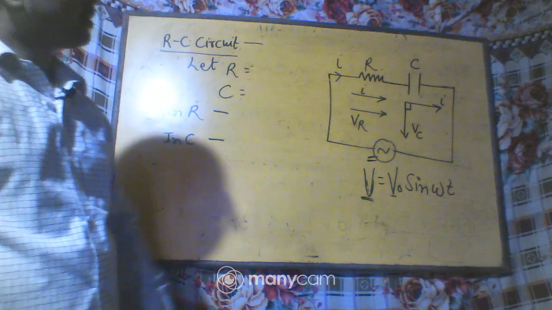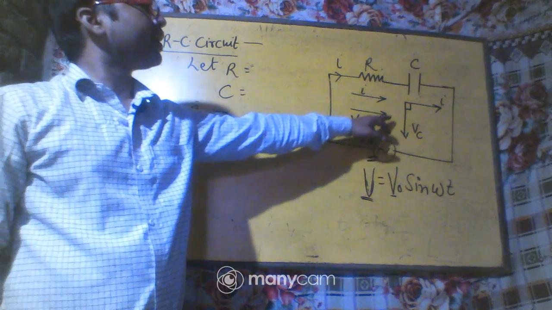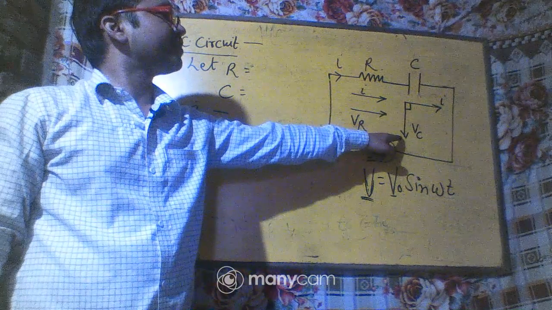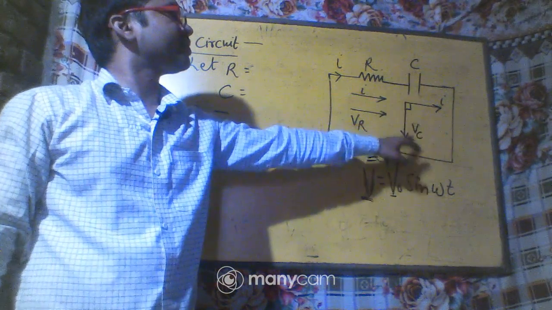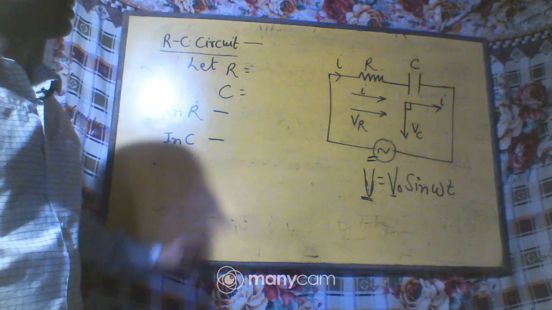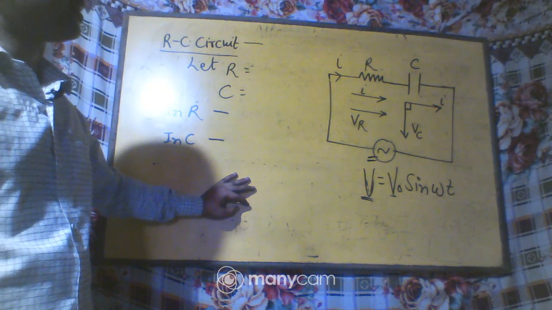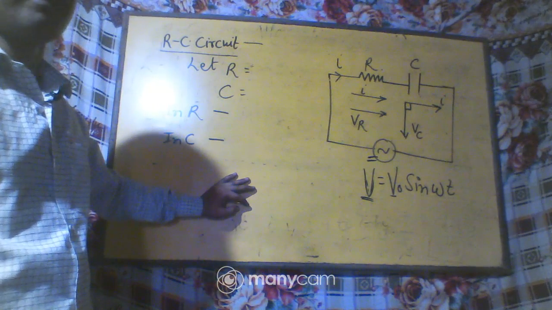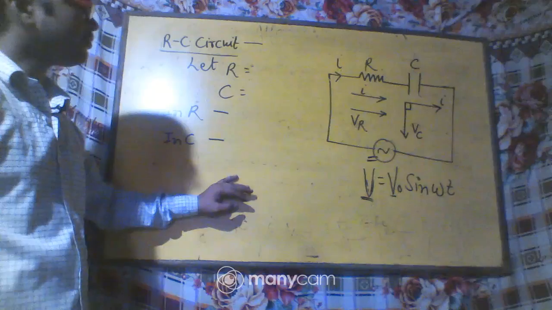Whereas if we are talking about the capacitor, you can see the phase difference between current I and the potential or voltage VC across the plate of the capacitor is 90 degrees, and the current I is leading by the same angle. It means that it is 90 degrees with the potential VC.